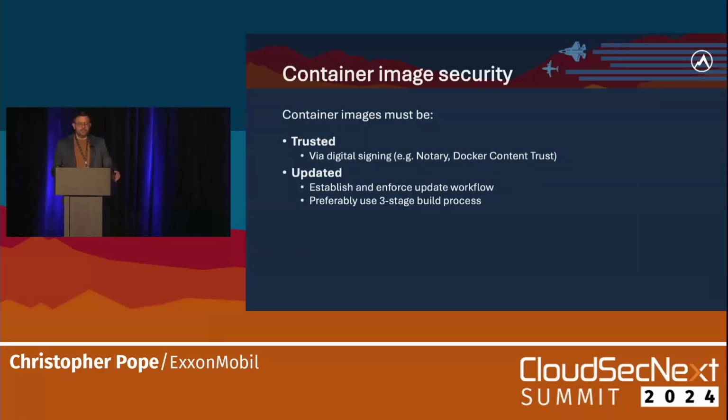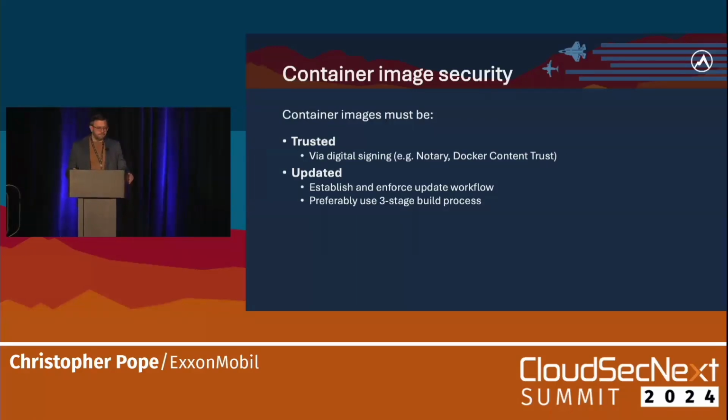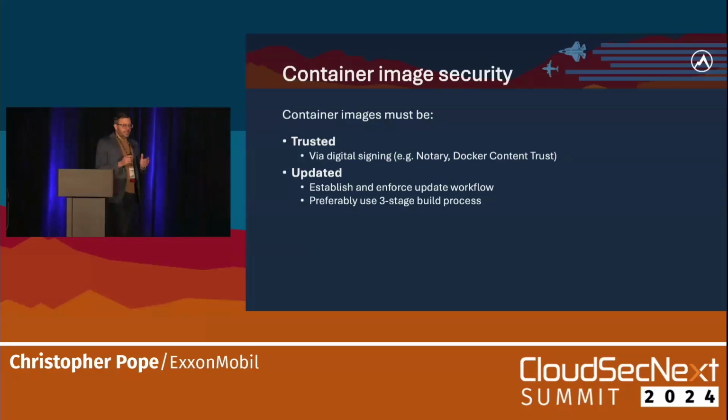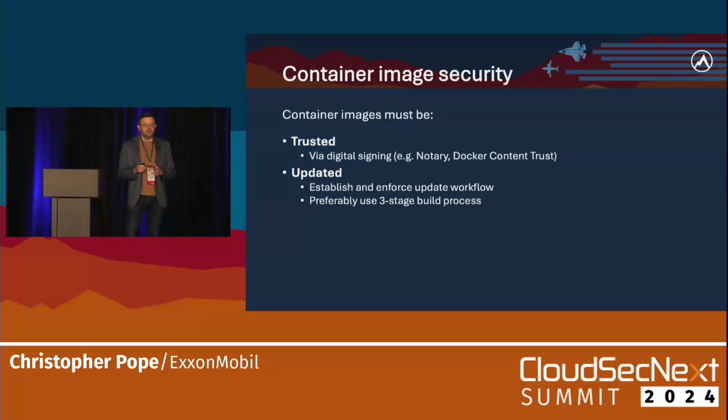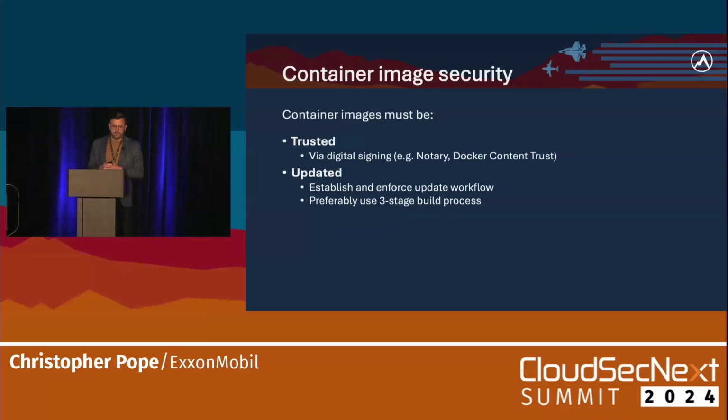Secondly, container images need to be updated. And we talked about how this means rolling out the updated images and removing the old ones proactively, making sure that you're purging out any that are deemed insecure. You want to use a multi-stage build process to create very minimal images. Particularly for compiled code, this has a huge efficiency benefit, and it's also important in making sure that you're stripping out anything you don't need from those images.